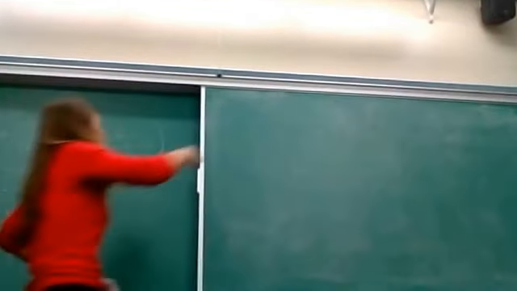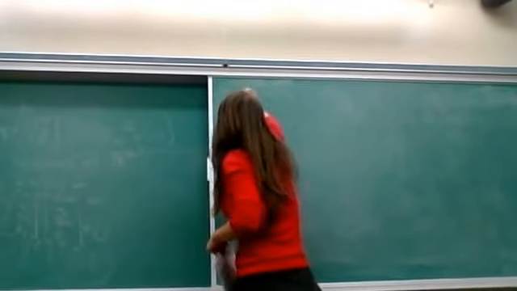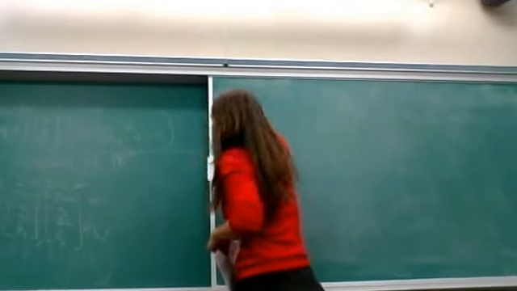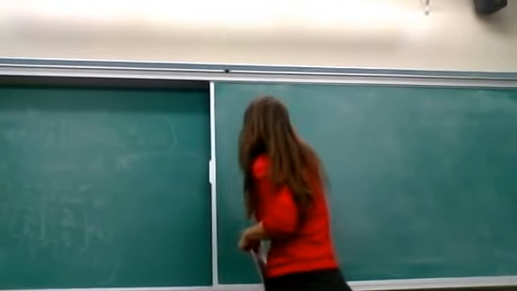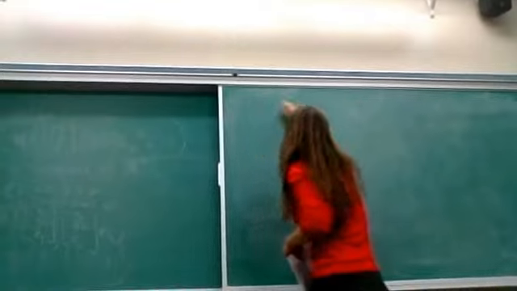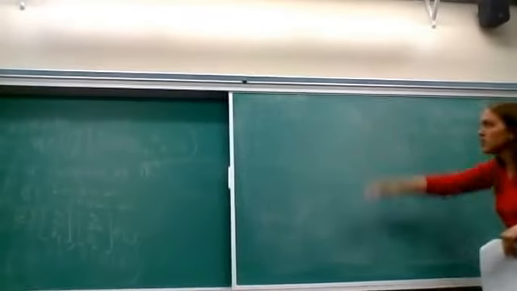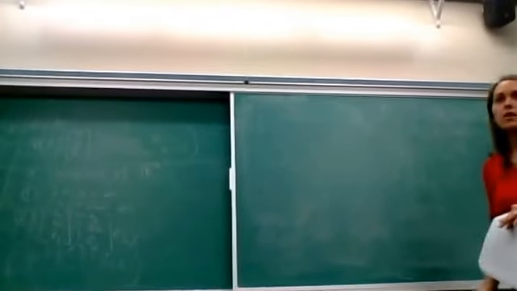So if x1, y1, z1 is in W, what conditions do the coordinates of this vector have to satisfy?